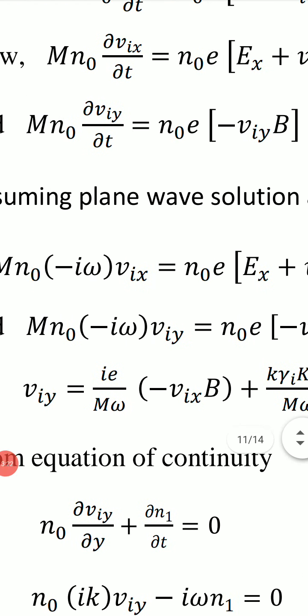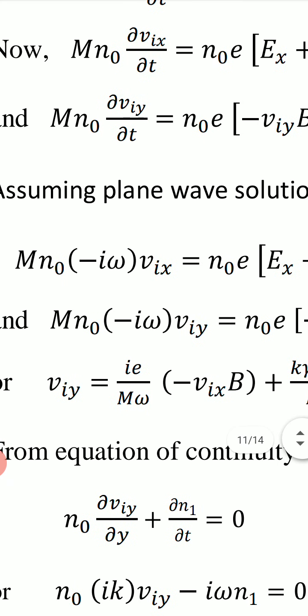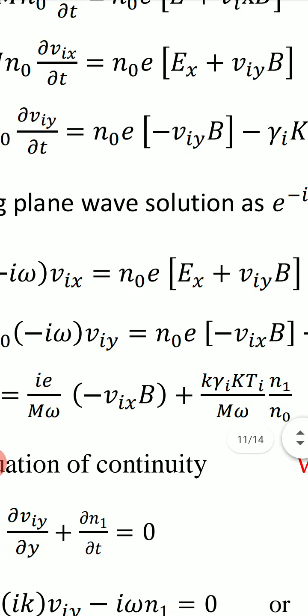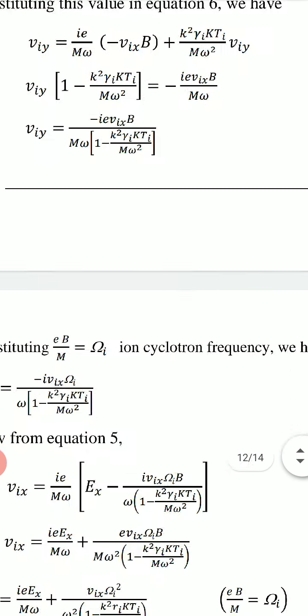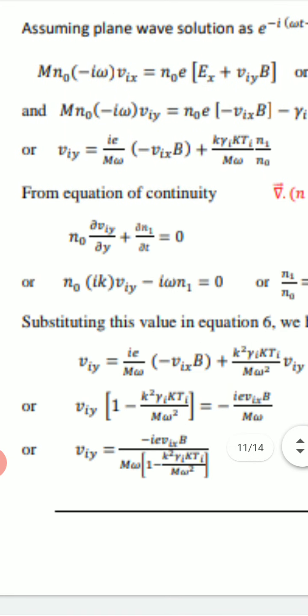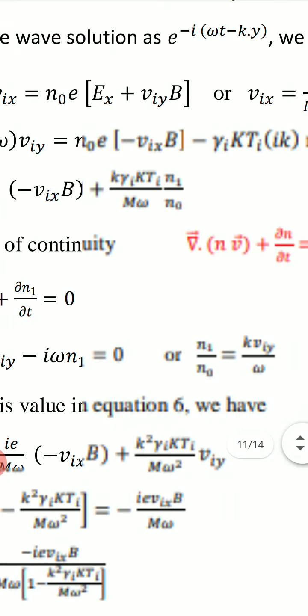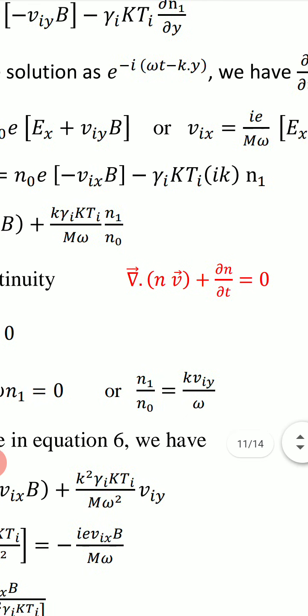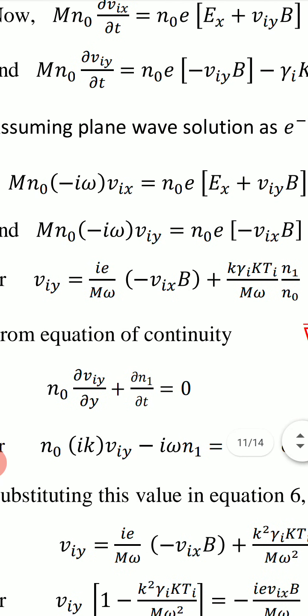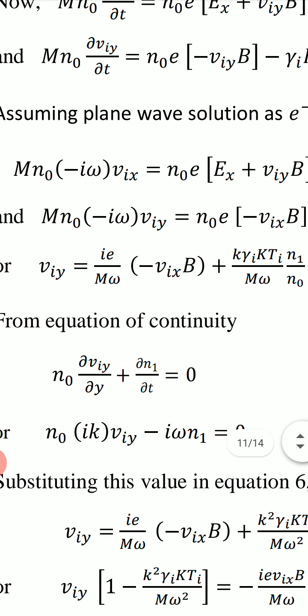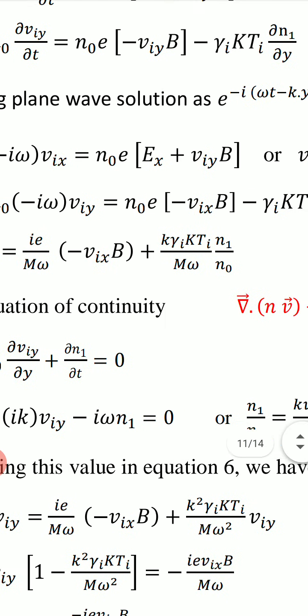For x component we have m n0 delta upon delta t, which we write as minus i omega Vix, equal to n0 e (Ex plus Viy B).